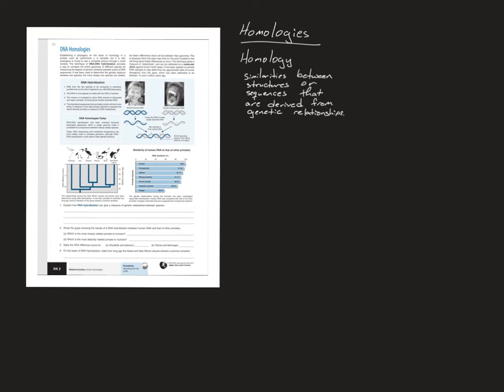So when we look at similarities between structures and sequences, obviously by now everyone understands that we're talking about DNA sequences or RNA sequences, but homologies are similarities between two different individuals or populations or species or genus or taxa of any kind that tells you something about how related they are evolutionarily, genetically, and therefore evolutionarily, right?